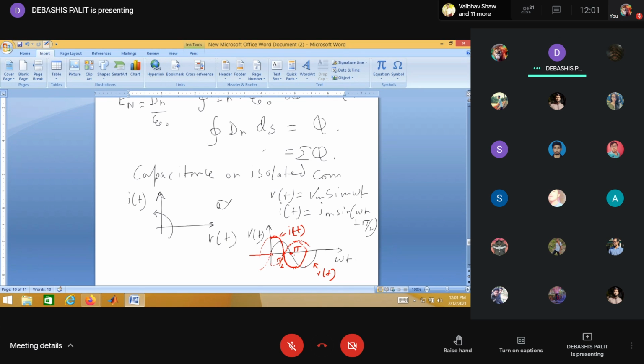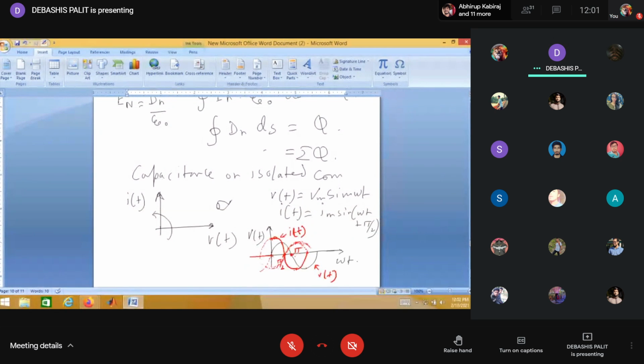So actually this is your fundamental voltage phasor and this is your current phasor.